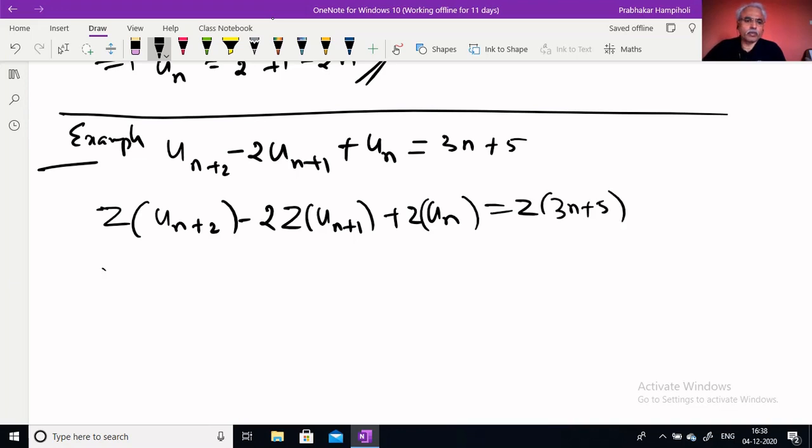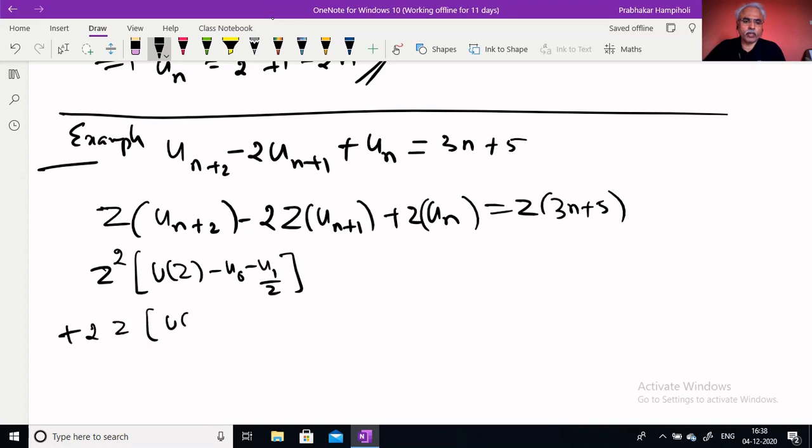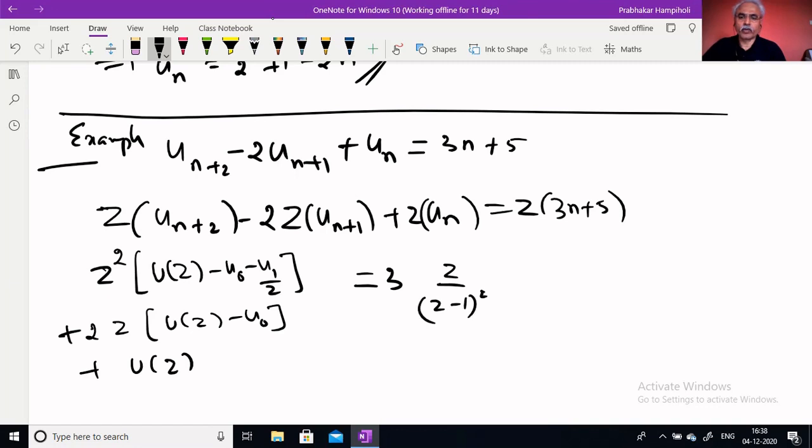Now this becomes z square u of z minus u0 z square minus u1 z as usual. This becomes minus 2 times z u of z minus u0 as usual. And this becomes u of z as usual. Right hand side, 3 times z by z minus 1 whole square plus 5 times z by z minus 1. So a little bit involved. So here u0 and u1 are not given. We have to keep them as they are.